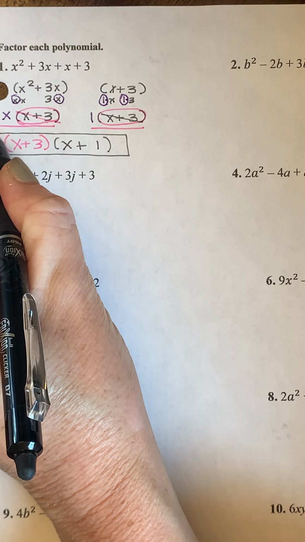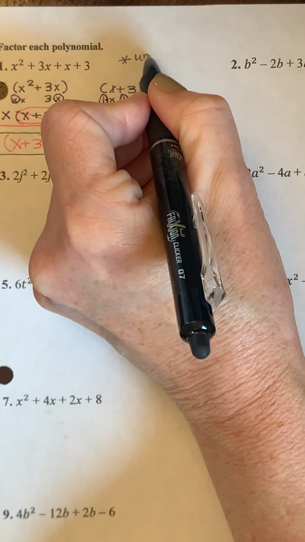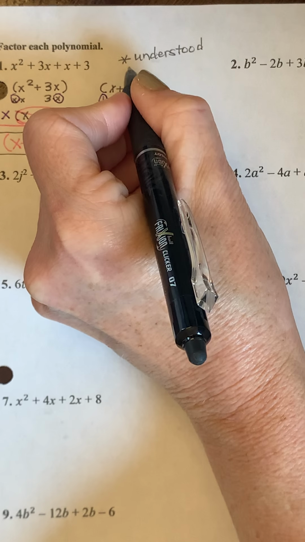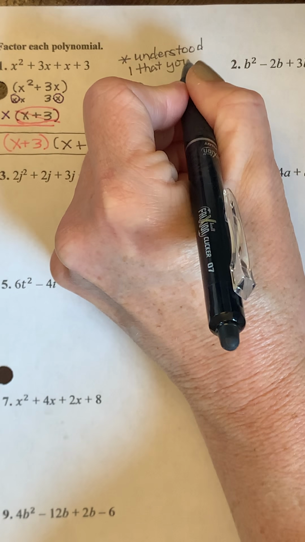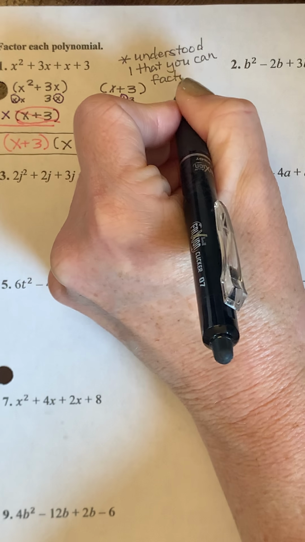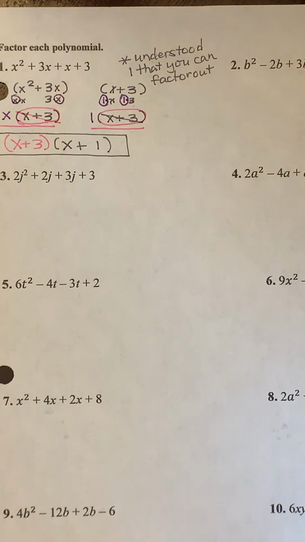So you may want to just put a note that there is an understood 1 that you can factor out. That way you'll have the note for later.